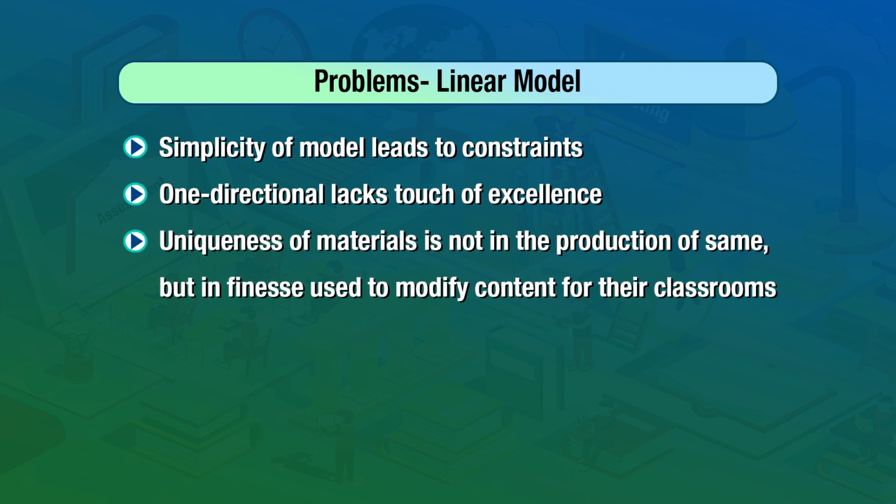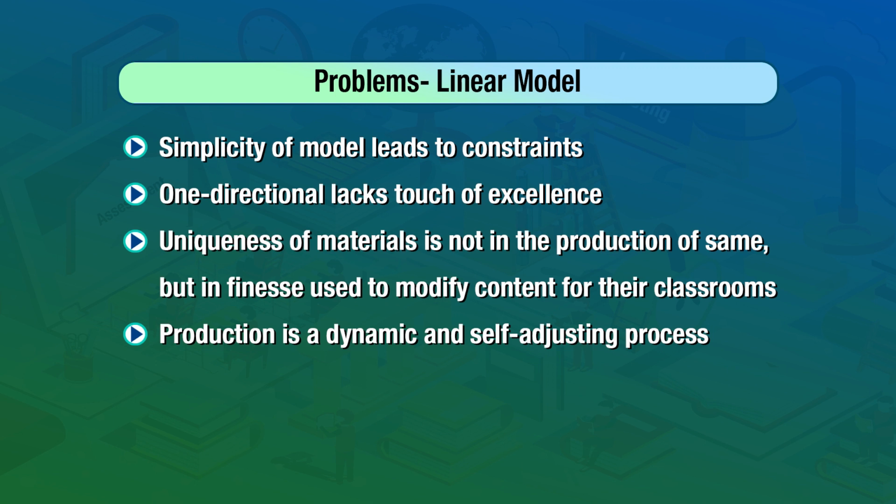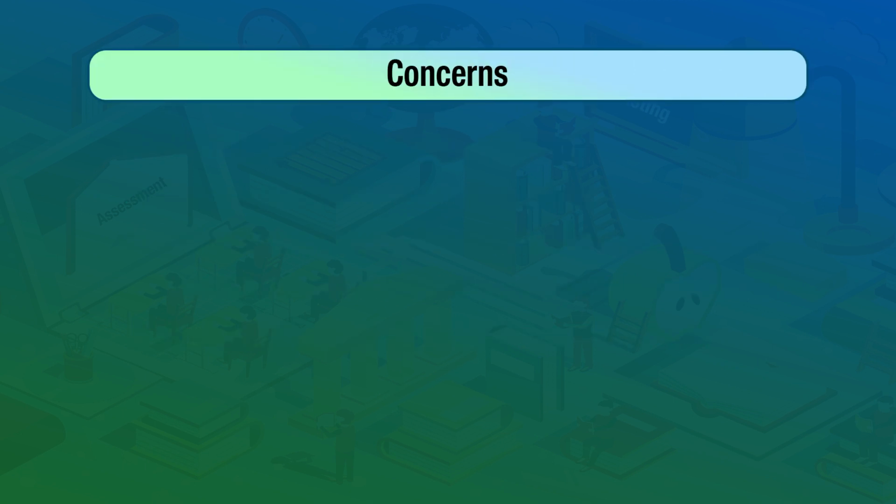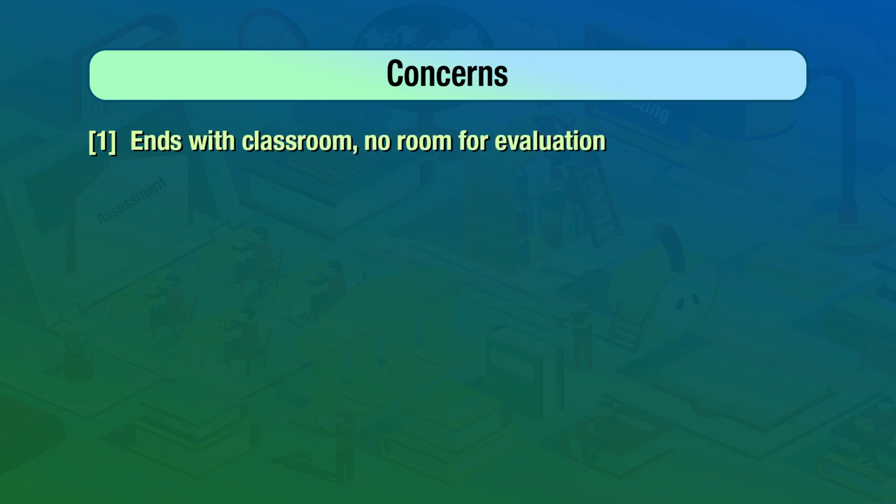The fact is that the uniqueness of the material is not the production of the same, but it is the finesse used by the teachers to modify the content for their particular classrooms. So this linear model fails to illustrate the extent to which the materials writing can be a dynamic and a self-adjusting process. The primary concern is that by ending with classroom, it equates materials production and use of materials with effective meeting of the needs.